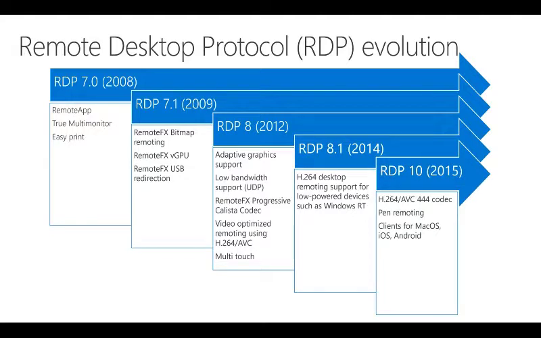And the funny thing is that RDP version 7.1 was the last version that was supported by the FreeRDP project. And the FreeRDP project, as you may know, is heavily used to deliver the RDP experience to Linux, including the thin clients.